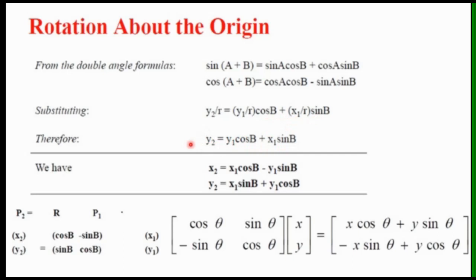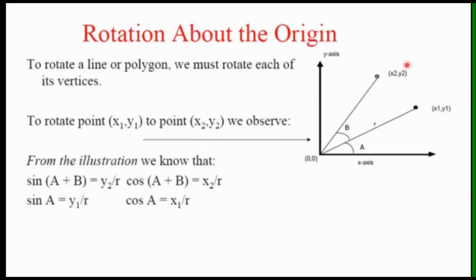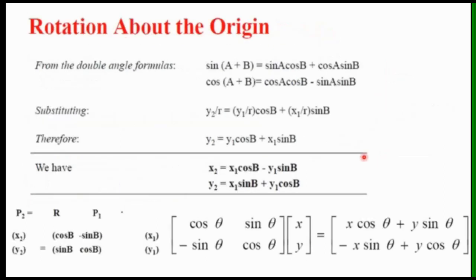So this y2 is the second coordinate of this line, and it is equal to y1 cos b plus x1 sin b. In the same way we can calculate x2.